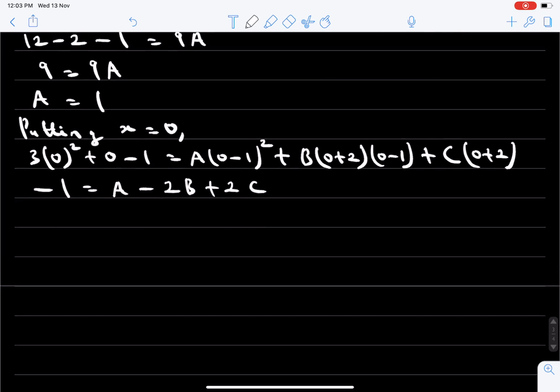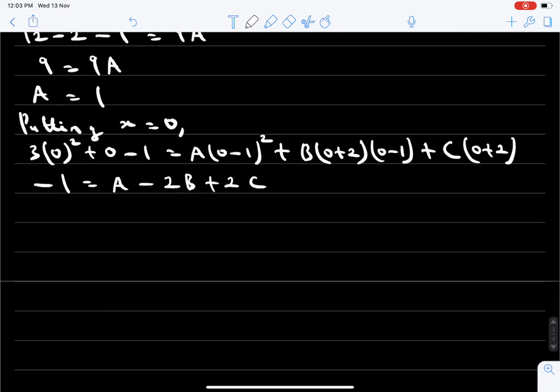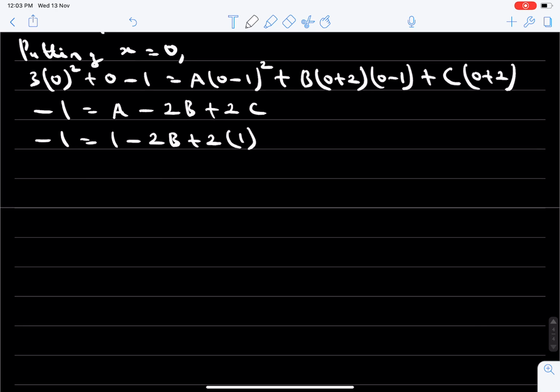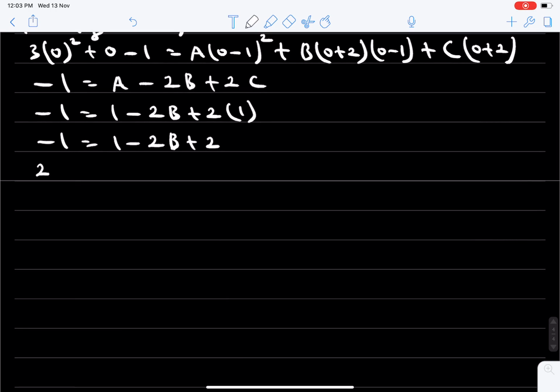So we substitute the values of A and C, which means minus 1 equals 1 minus 2B plus 2 times 1, because C is equal to 1. And that simply means minus 1 equals 1 minus 2B plus 2. And that means 2B equals 1 plus 2 is 3.